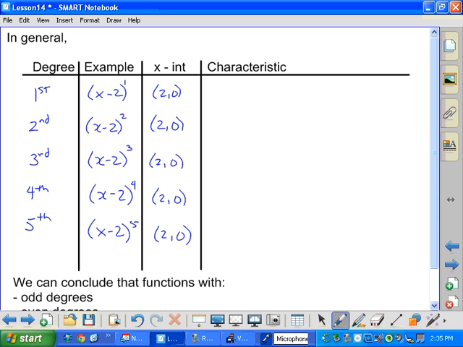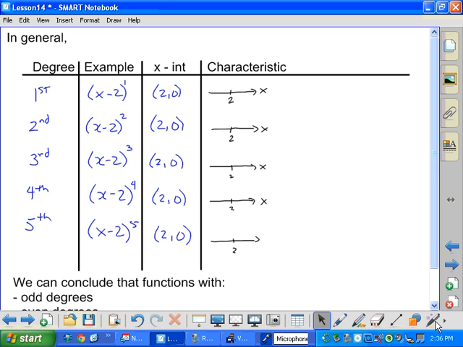So for each point, it's going to be 2, 0. So what's the characteristic? What would the graph look like? All we're doing is the x-axis, and we're looking at the value 2. So for everyone here, we're just looking at positive 2, or where the x-intercept occurs, all right?